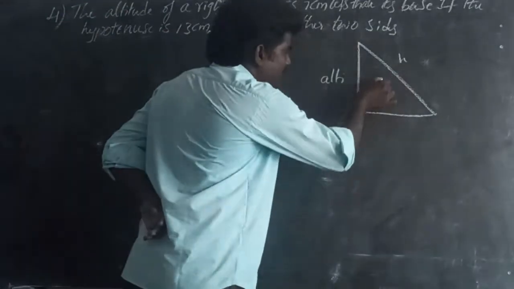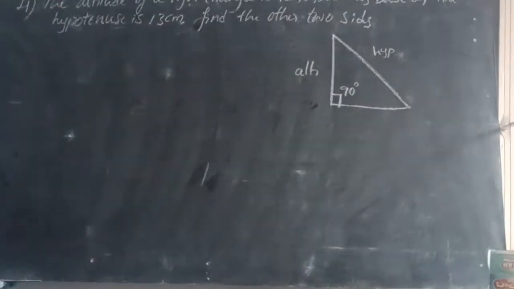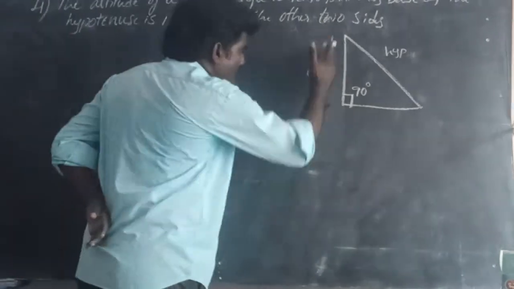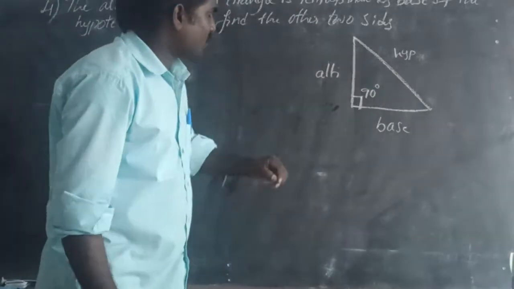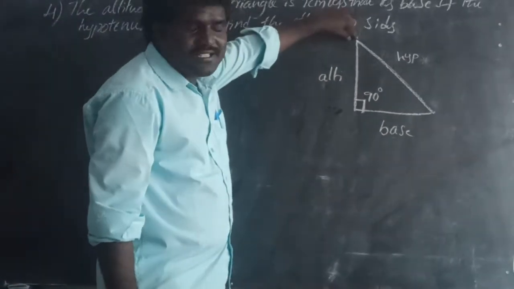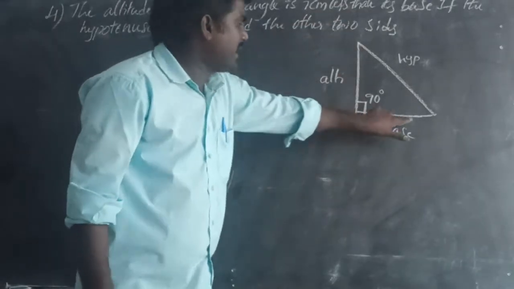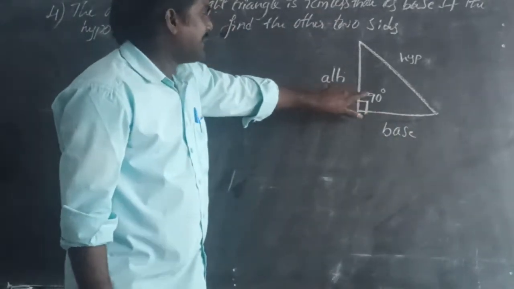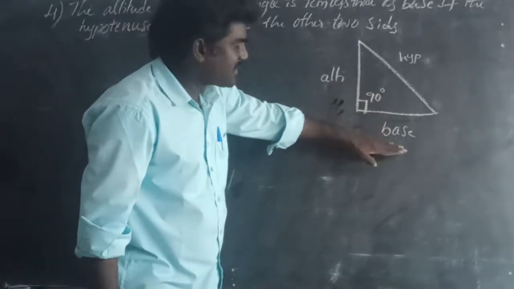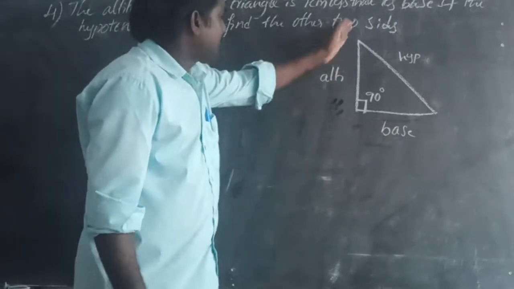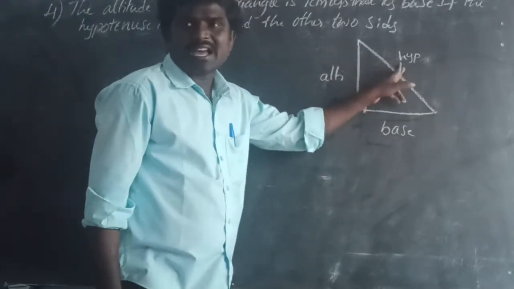The side opposite to 90 degrees is called the hypotenuse. Here it is the altitude and this is the base. The opposite line segment is called the base, this line is called the altitude, and the side opposite to 90 degrees is called the hypotenuse.